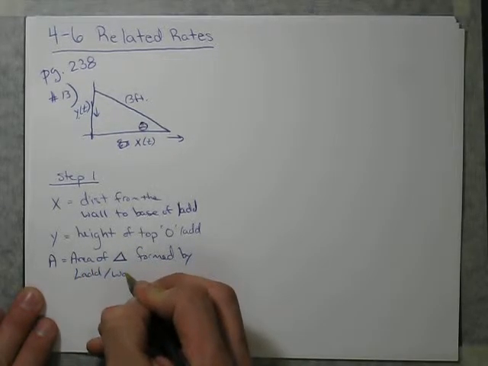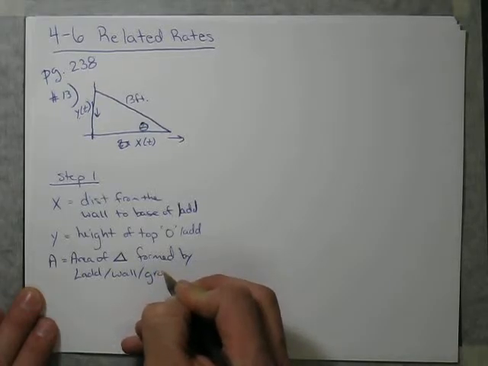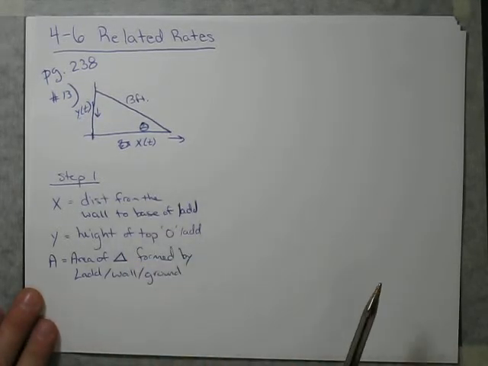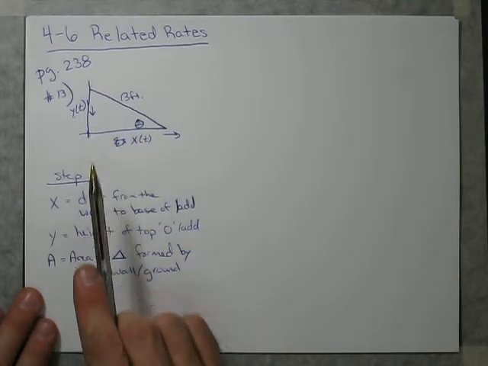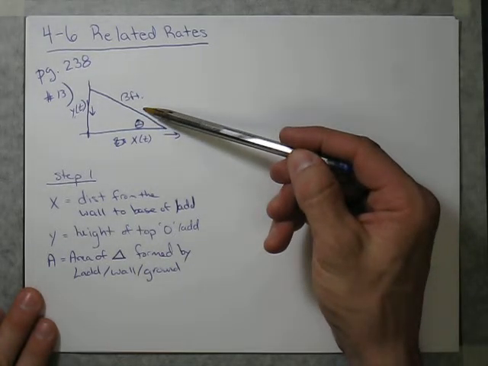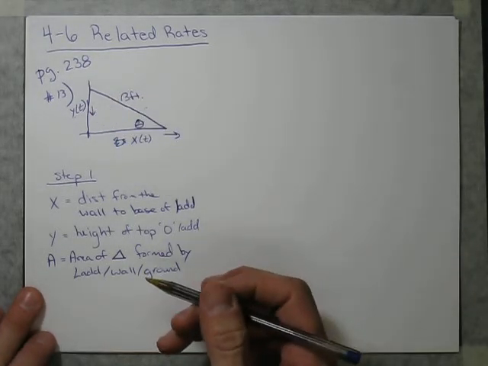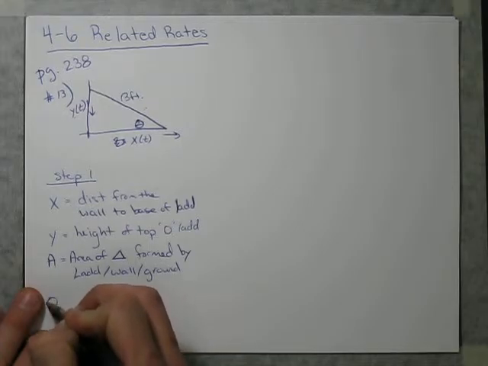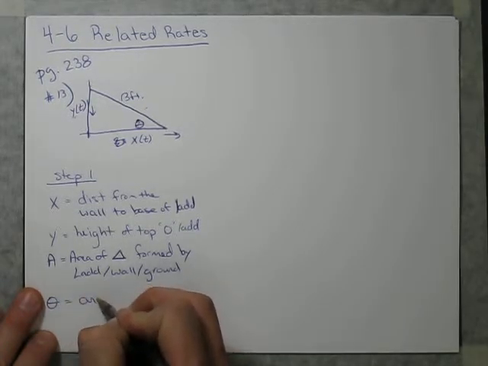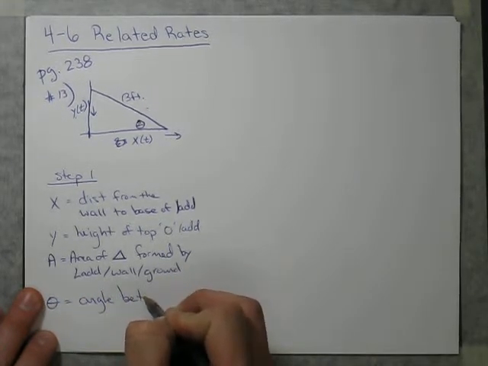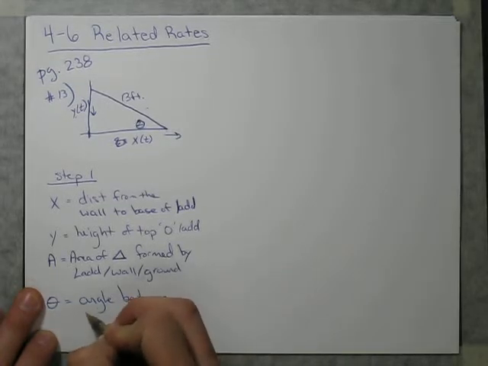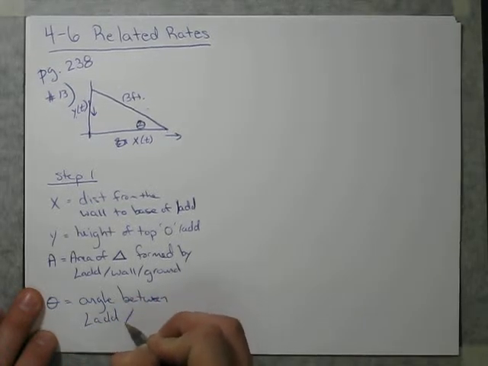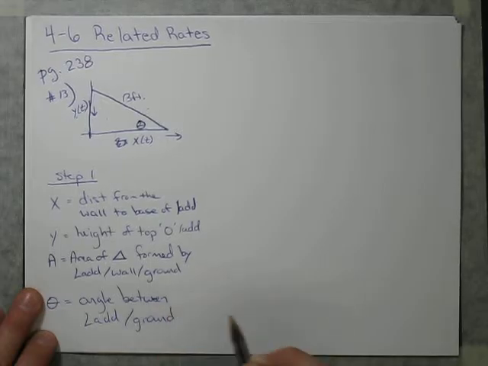So the area is this area formed by the ladder, the wall, and the ground. And then theta is the angle between ladder and ground. That's what theta is.